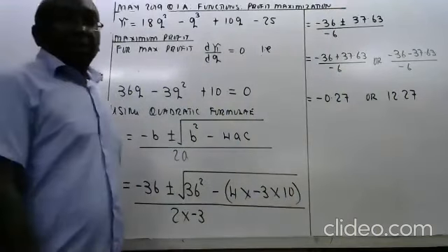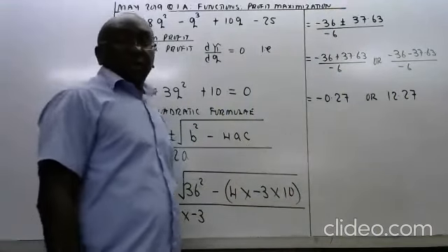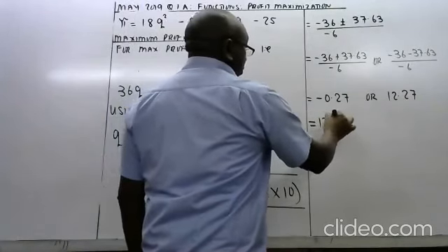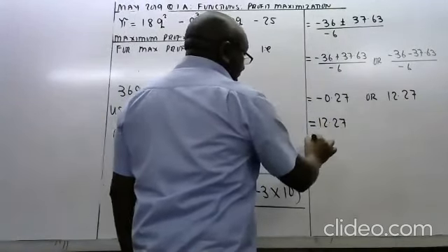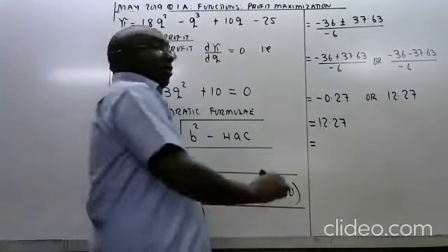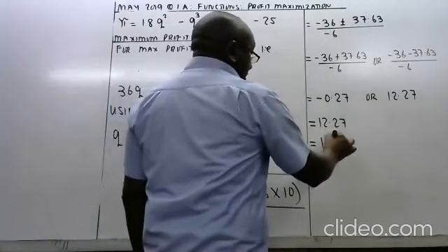Because we cannot have a negative unit, we decline the negative and say this is 12.27, which, as I have said, you can either leave that way or choose to round up to 13 units.